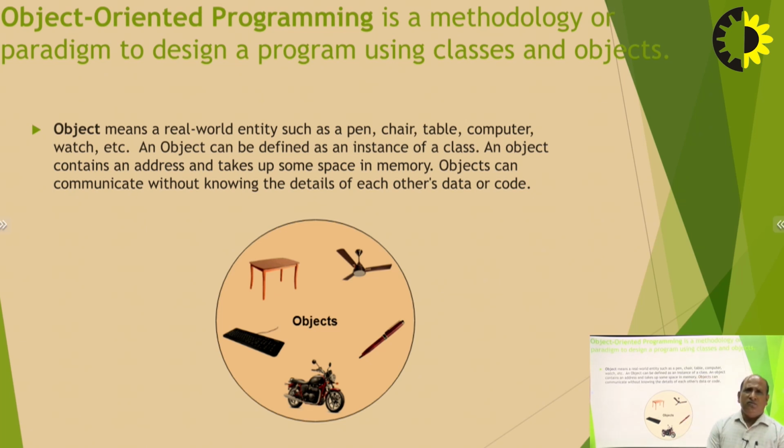As I have told you, an object means any real-time entity; any real entity can be treated as an object, and once an object is selected, we can identify the attributes and behavior related to that object.